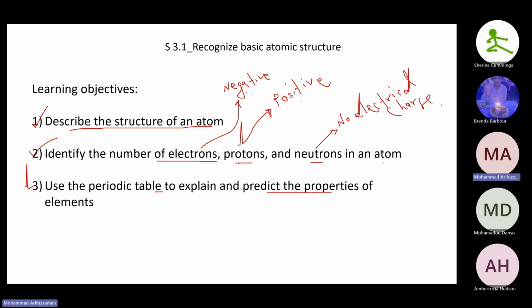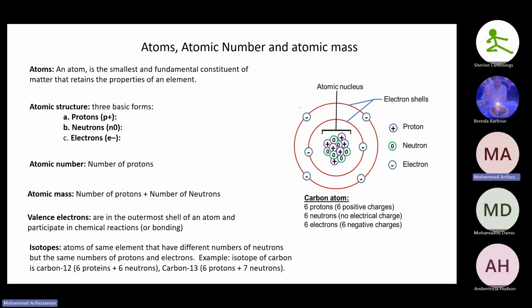Okay, great. Let's start. So the atoms, atomic number and atomic mass. So what is an atom? An atom is the smallest and fundamental constituent of matter that retains the properties of an element.